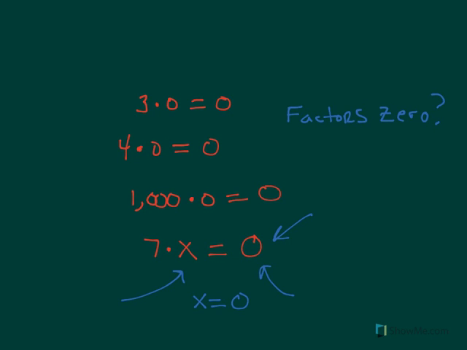And let's just go ahead and do a couple more quick examples. So let's imagine we had these equations. Let's say we had 7 multiplied by x was 0. So what would x have to be? We would know that x needs to be 0 because 7 times 0 is 0.